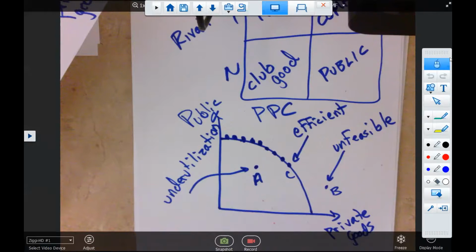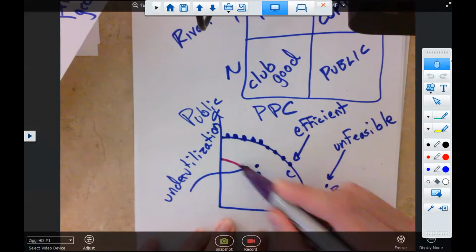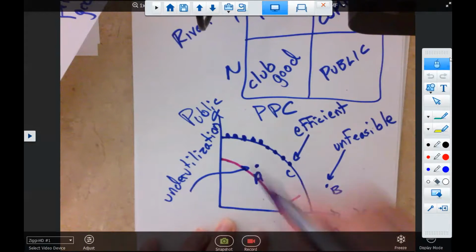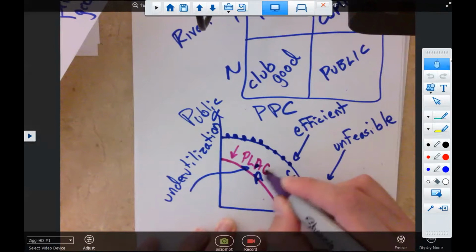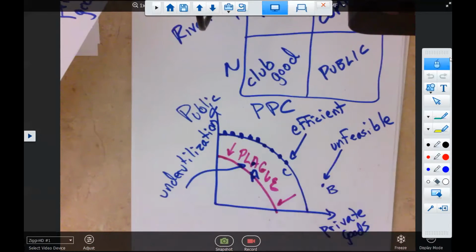So what happens if a plague wipes through my country and wipes out half the people? What happens to the PPC? Towards the origin. Very good. It shrinks. All right.